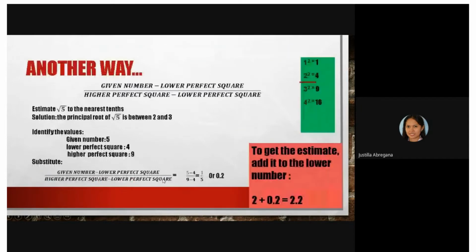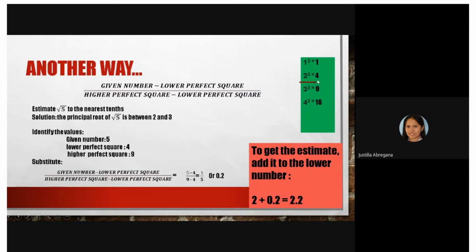Okay, we have another way. We have this formula: the given number minus lower perfect square, all over higher perfect square minus lower perfect square. So how to get the estimate? The principal root of square root of 5 is between 2 and 3. Remember, we have here 1 squared is 1, 2 squared is 4, 3 squared is 9.